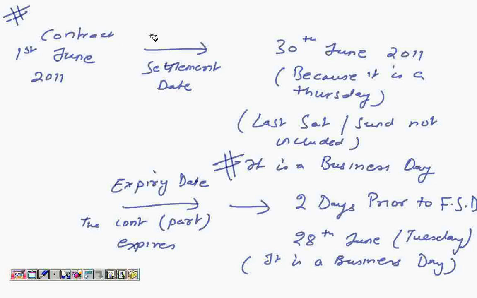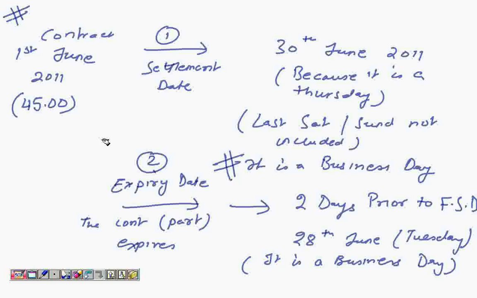The settlement date is when your contract would be finally settled, and the expiry date is when the contract expires. You cannot trade in that contract. So, for example, if we take this example, we have bought this contract at, say, 45.00. This is the price at which we have bought it.